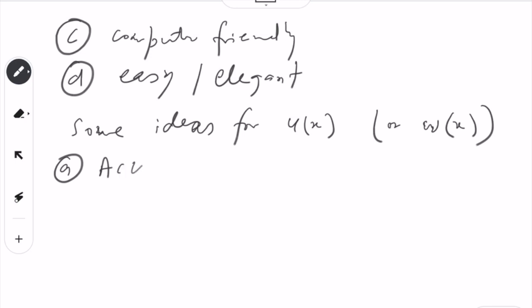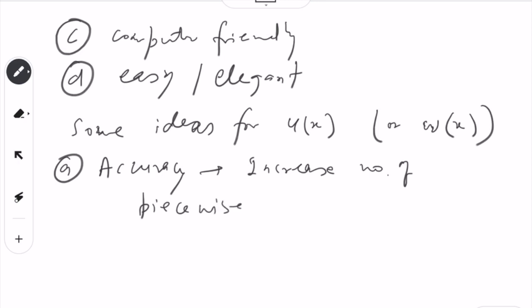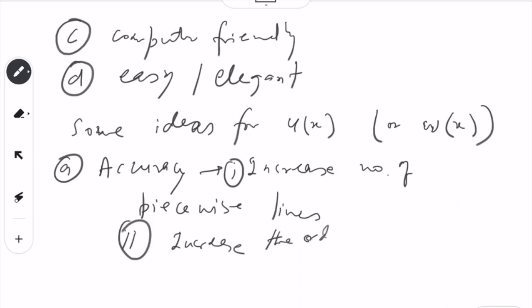For accuracy, what you will do: increase the number of piecewise polynomials, in this case lines, or increase the order of the polynomial.